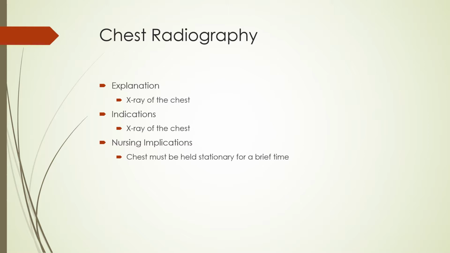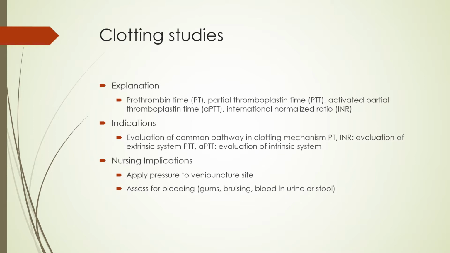You know what a chest x-ray is. Indications are looking for tumors in the chest, looking for pneumonia, any other things that could be going on with that child. And the implication here, the chest must be held stationary for a very brief period of time. Clotting studies, we see this more in dealing with the hematology portion, children that might have hemophilia or von Willebrand's.